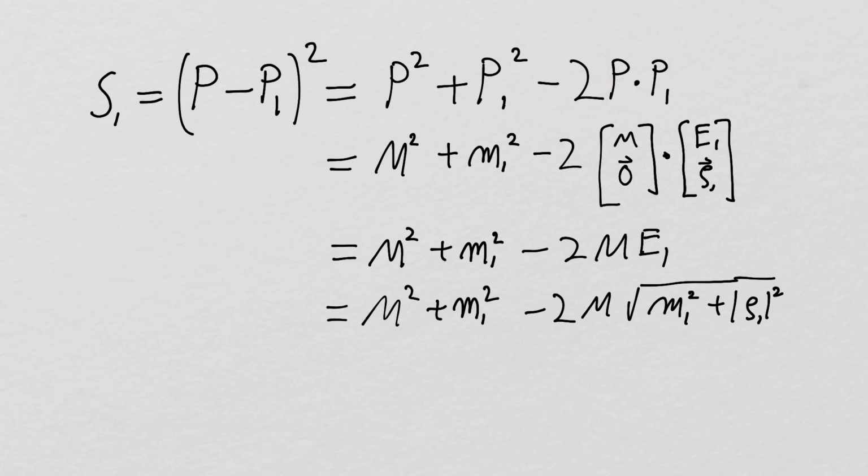And you have a lot of choices, but we're going to go into the center of mass of the parent again, just like we did for two-body decay. And I'm going to write m and 0 for the 4 momentum, for the 3 momentum, because I'm in that center frame. And as soon as I do this, I'm in a frame, so I need to put a little circle there. And then I have E1 and rho 1.